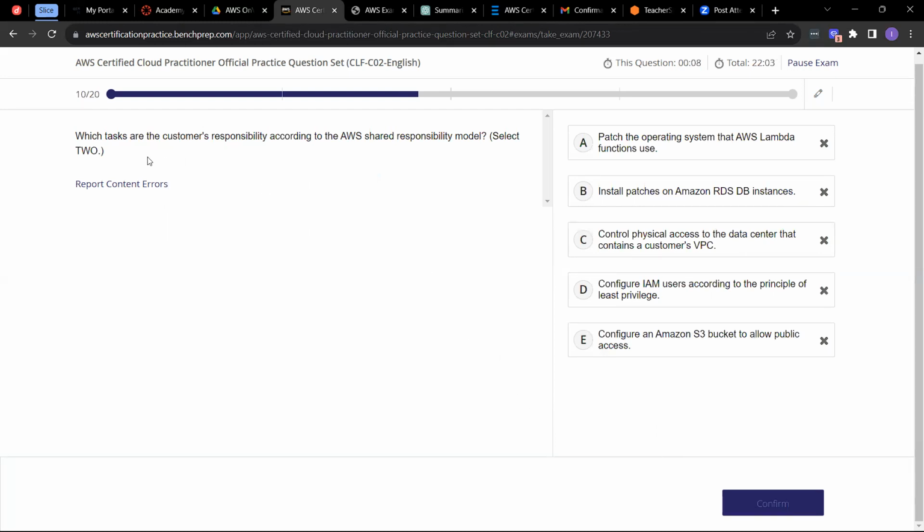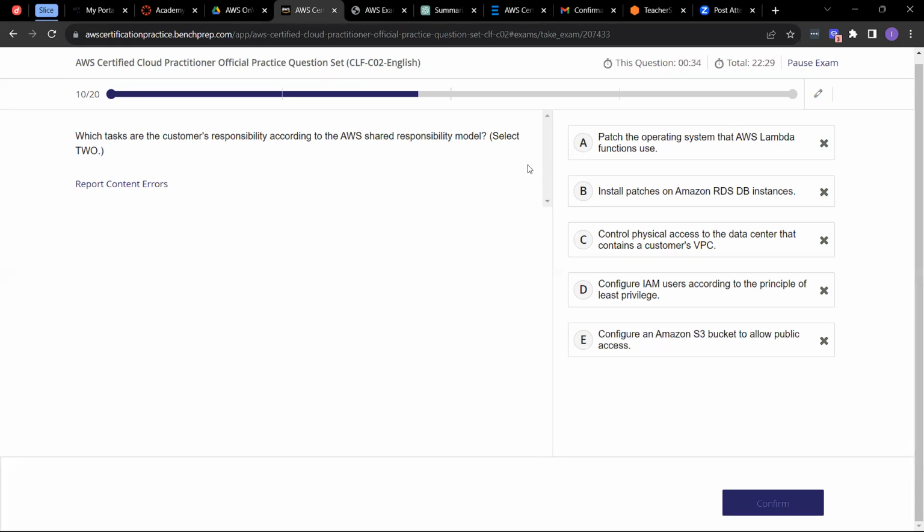So which tasks are the customer's responsibility according to the AWS shared responsibility model? Patch the operating system that AWS Lambda functions use. Install patches on Amazon RDS database instances.